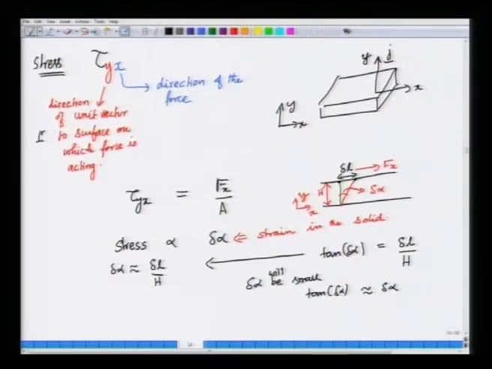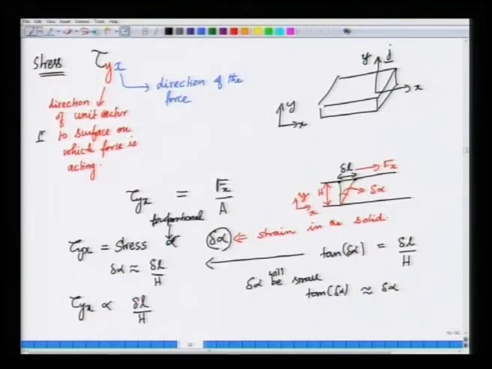So, this stress tau y x is proportional to delta alpha. So, I can write tau y x is proportional to delta L by H. Please do not confuse this proportionality sign with alpha, which is the angle.